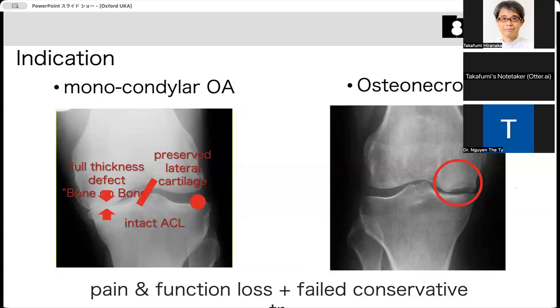Why is osteoarthritis painful? So bony pain or synovial pain or nerve pain, nobody knows so far. But maybe I think osteoarthritis is one of the syndromes.